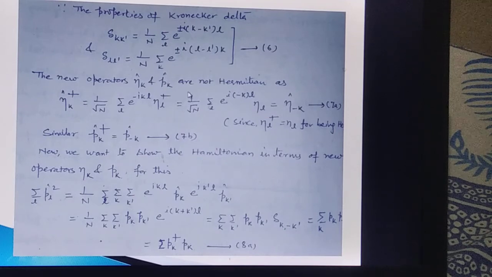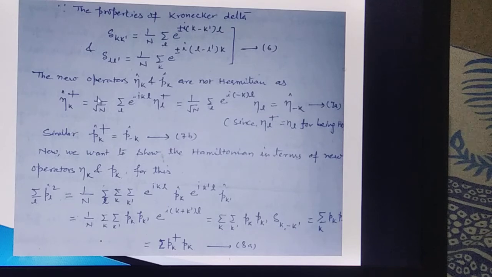So first of all, we are proving here that the operators eta k and pk are not Hermitian, while the operators eta l and pl were Hermitian. You can prove this by a simple calculation.